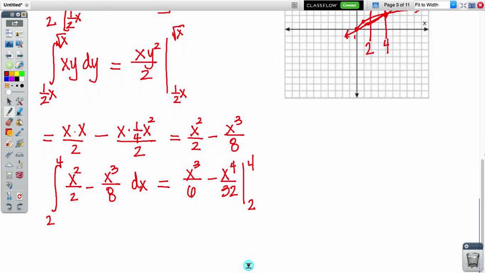So if you want to pause the video, you can do that now. It gets a little bit ugly with fractions when you're actually evaluating this. But I'm going to write down the answer in a second. So if you want to pause the video and work out this computation, you can do so now.